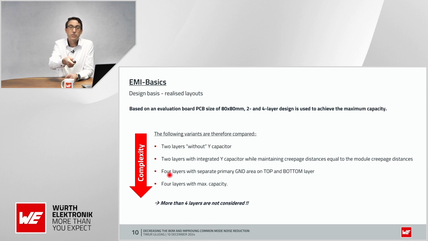And the 4th layout is the layout where we try to maximize the capacitance as much as possible, what we can do for a 4-layer design. More than 4 layers we will not go for because 2 and 4 layers are common practice. Yeah, you can go for a 6 or an 8 or a 10-layer layout, but for a power module this is not necessary, and this is why we skip this and only go for the 2 and the 4-layer layout.